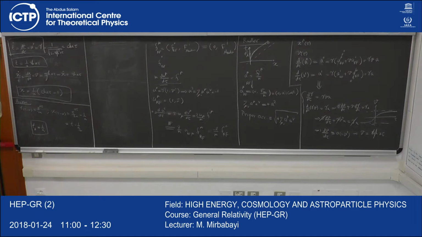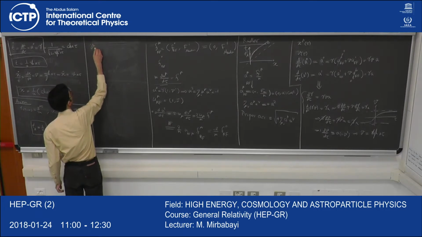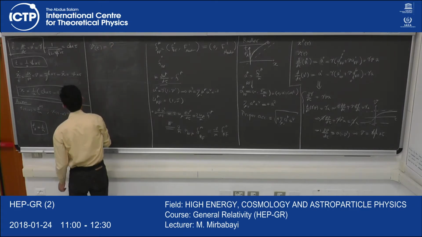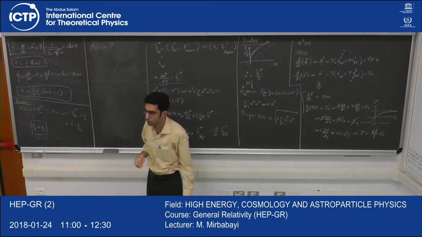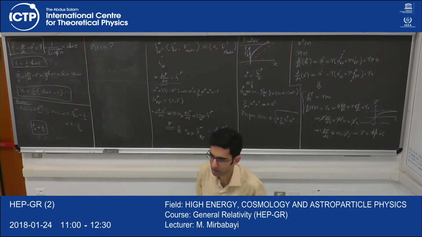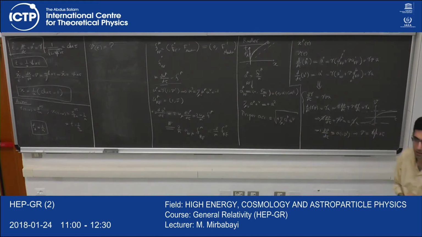Now, if you want to write the velocity as a function of t, I guess your question is: what is v of t? It's a good question. I think we have all of the information on the board to answer this question.